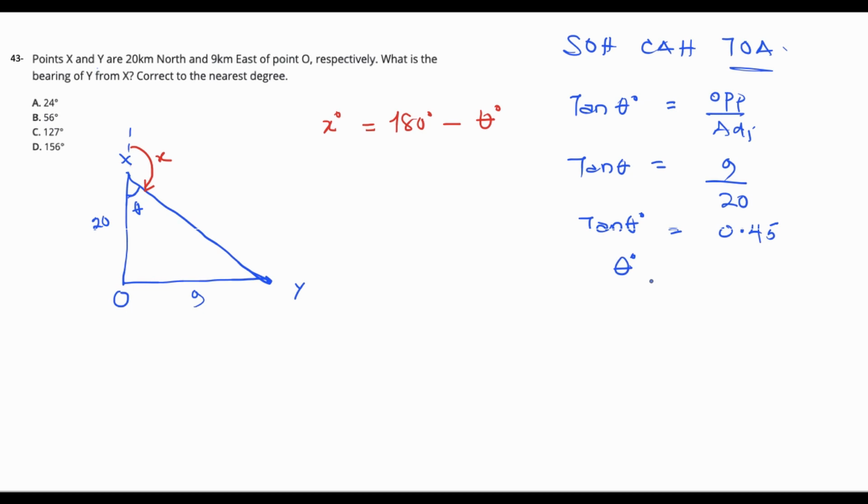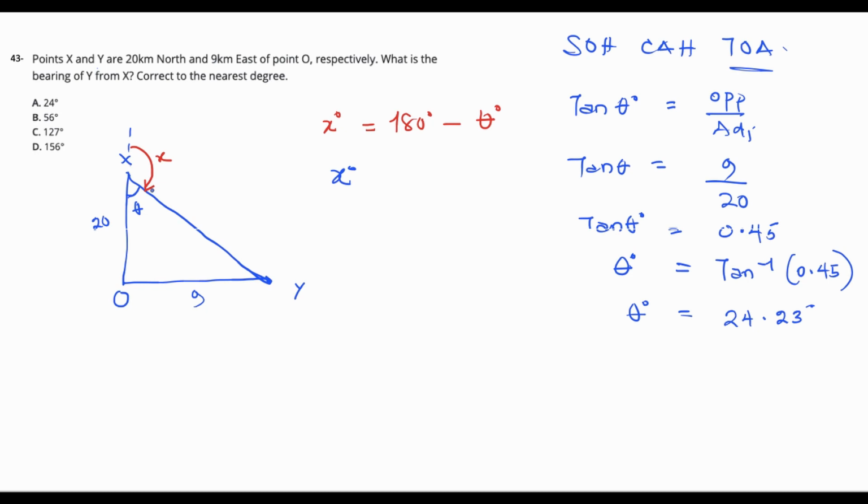If we make theta the subject of the formula here, theta is going to be equal to the arctan of 0.45. So if you use your calculator to evaluate that, you have that theta is equal to 24.23 degrees. So now we have theta right here.